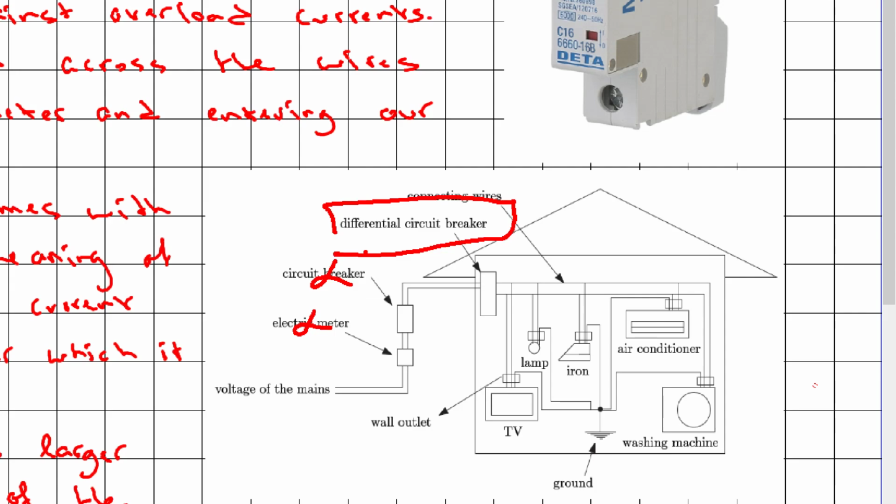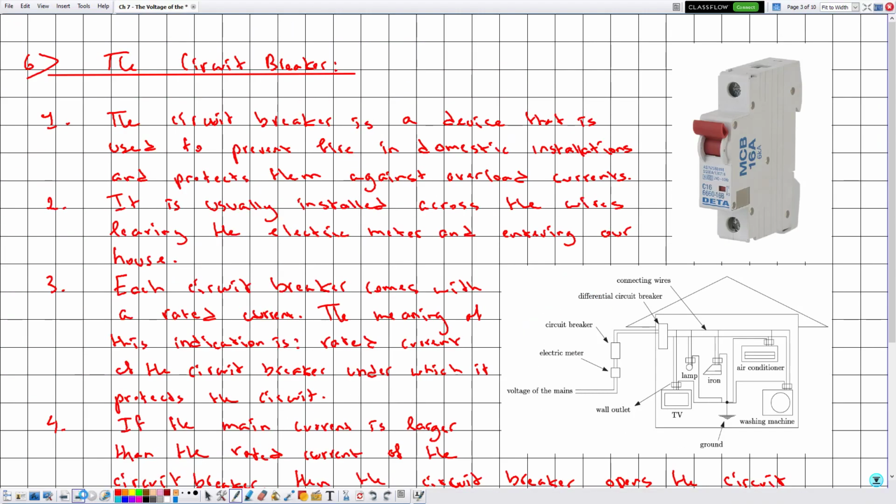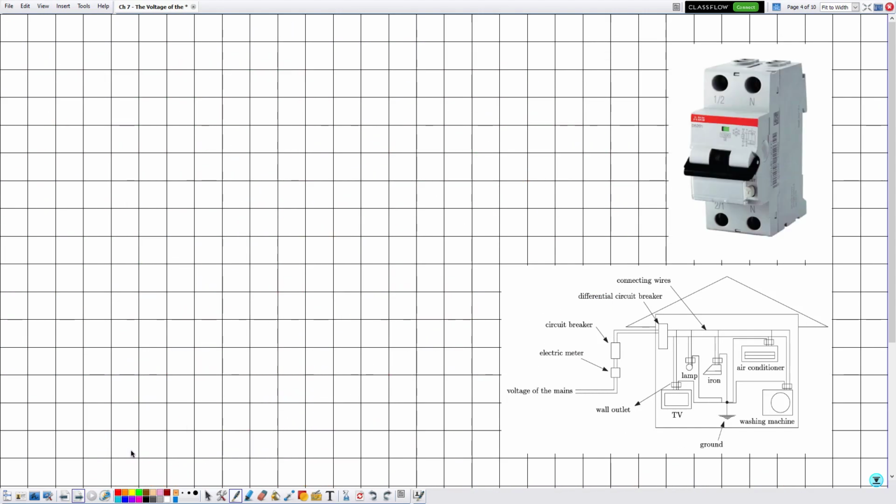Now we are going to discuss the differential circuit breaker. Then idea number 7, the differential circuit breaker.